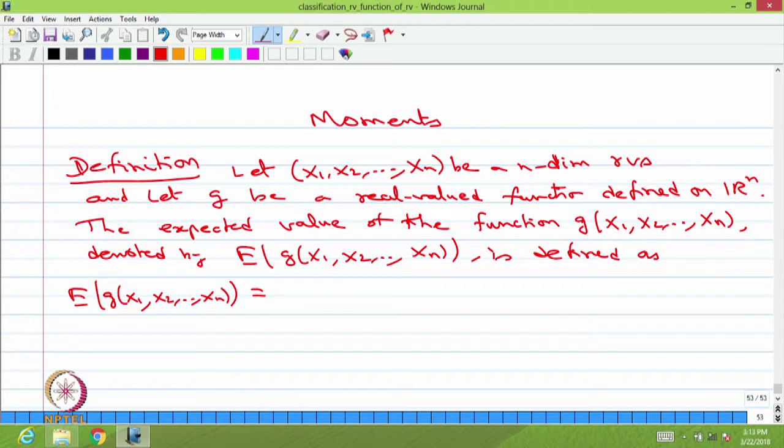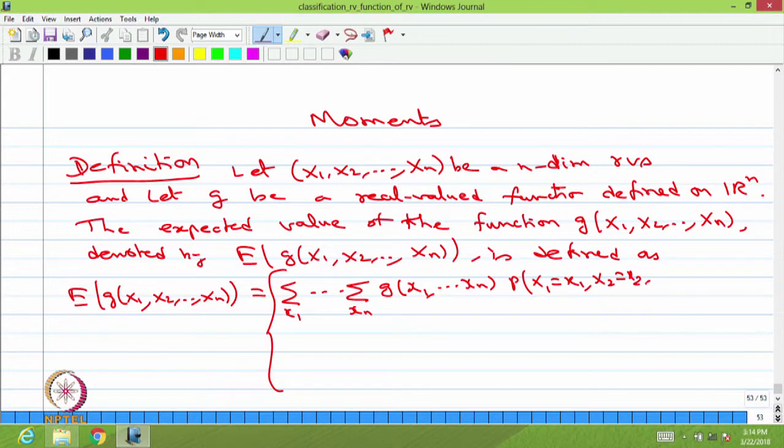Suppose X1, X2, Xn are discrete type random variables, then this is going to be n summations, the first with respect to x1, the second with respect to x2, and so on, the last with respect to xn, of g of x1 and so on xn, times the probability that X1 takes the value x1, X2 takes the value x2, and so on, Xn takes the value xn, when all these random variables are of the discrete type.